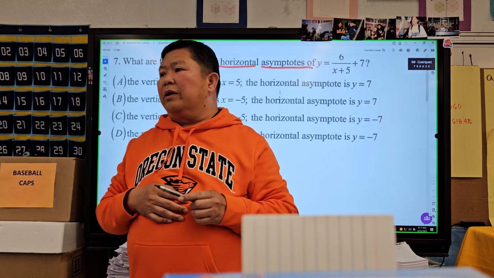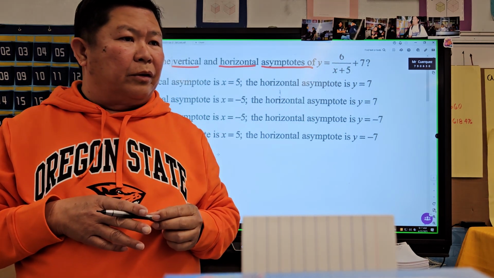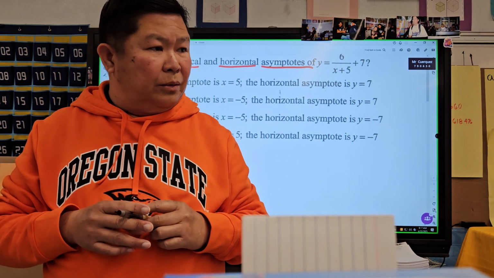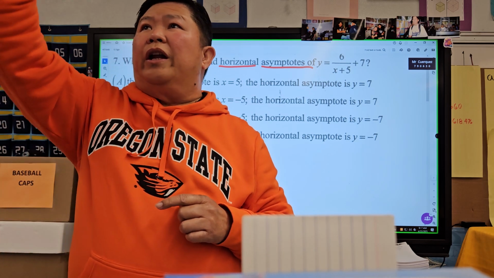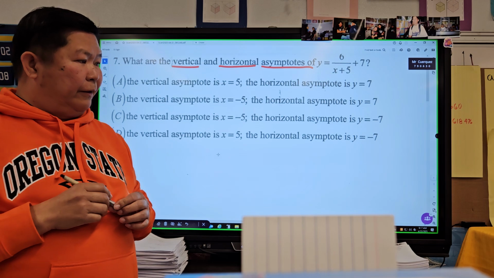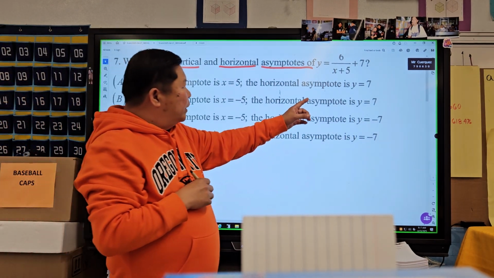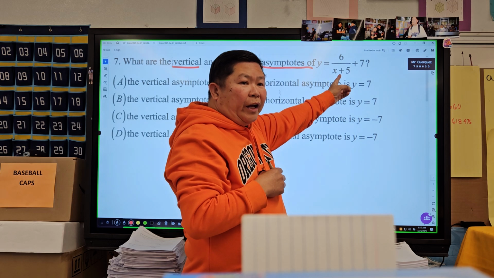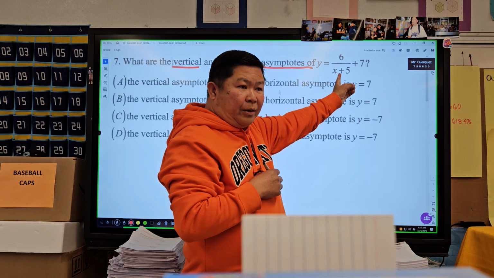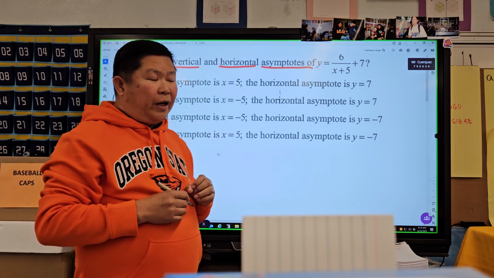So what particular number makes the bottom, or denominator, give us 0? So that we can have a vertical line. Okay? Vertical line. What must be the possible value of x that makes this bottom 0? It's gonna be what? Okay, -5.